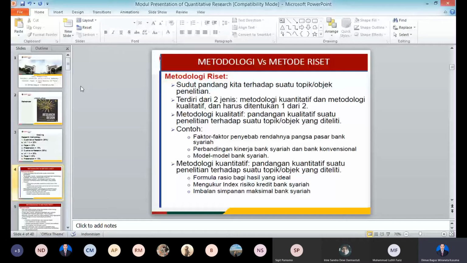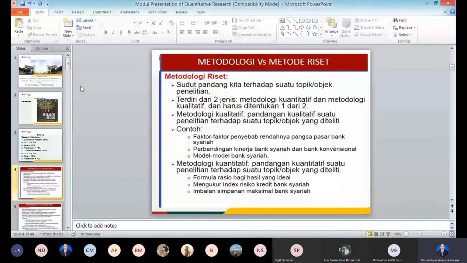So for example, the ratio formula of profit risk sharing, the ideal profit sharing. The second one, how to measure the index. And the third one is the return of the deposit for the maximum banking performance.